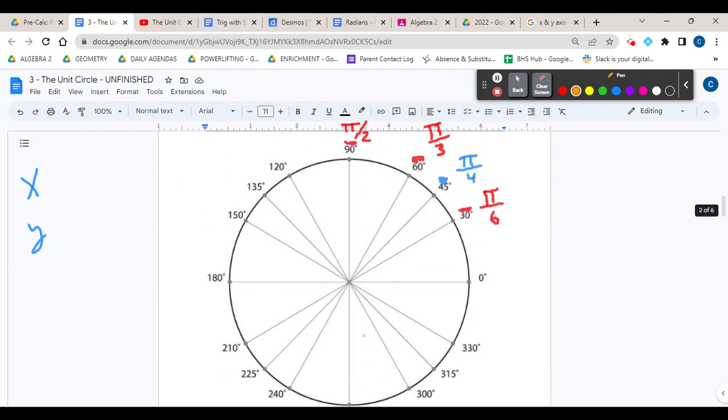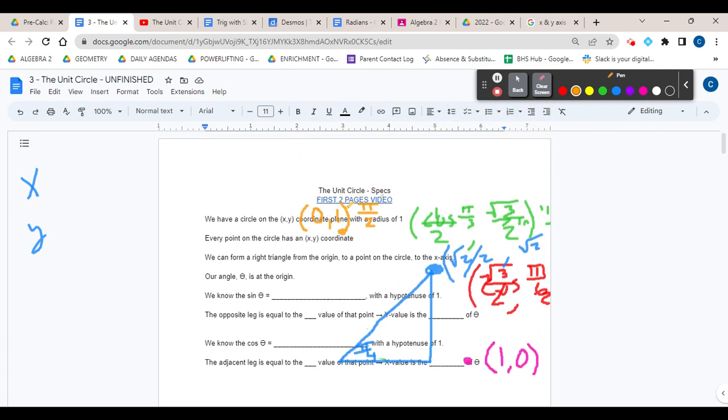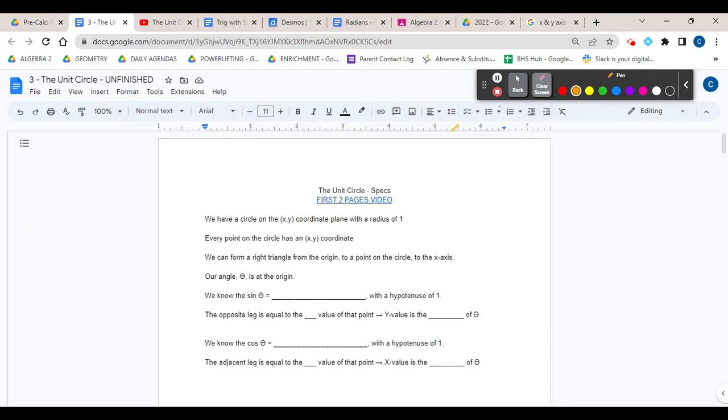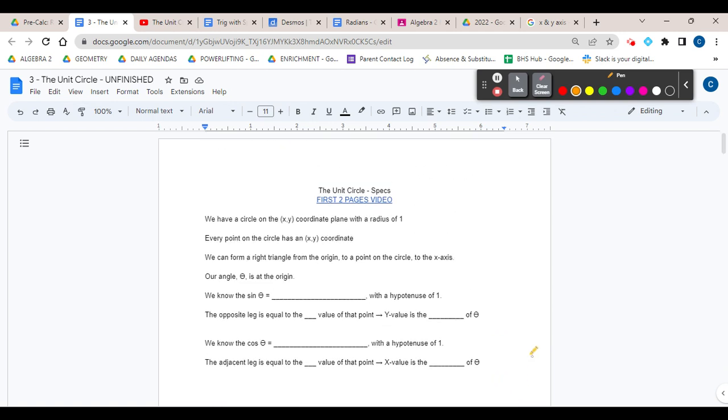And also make sure you watch the first video on the unit circle that I linked up here, because it gives you background information on how all this stuff fits together and where we get our sines and cosines and our x's and our y's and our angle measures and all that. So if this is kind of foreign to you, make sure you go back and look at the last couple videos that we did.